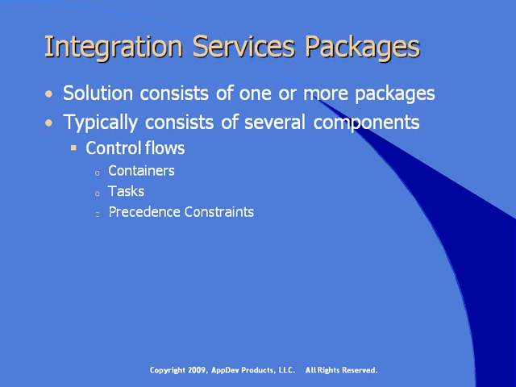And then precedence constraints determine the order of the operation through the control flow. You first have to perform this task, then that task, then this other task in a particular order, with different conditions that determine which tasks execute and which alternate flows occur based on the data and based on different tests that you can perform.